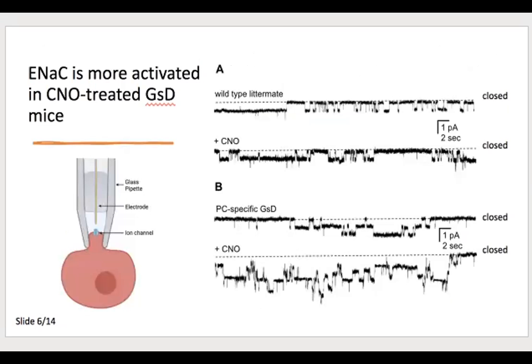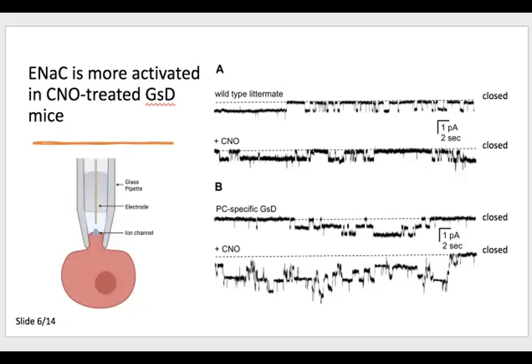Here we conducted cell-attached patch clamping to study the channel activity of ENaC. We isolated and split open tubules from GS-DREAD and wild-type mice to expose the apical membrane of the principal cells, which is where ENaC is located. We compared untreated groups with CNO-treated tubules.